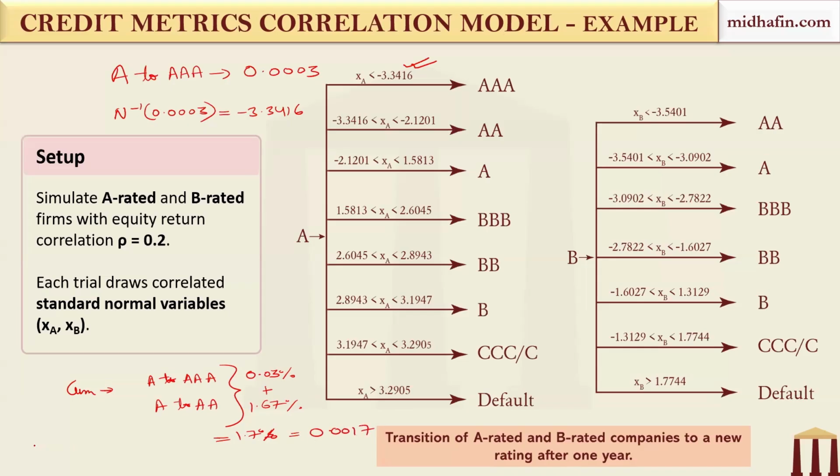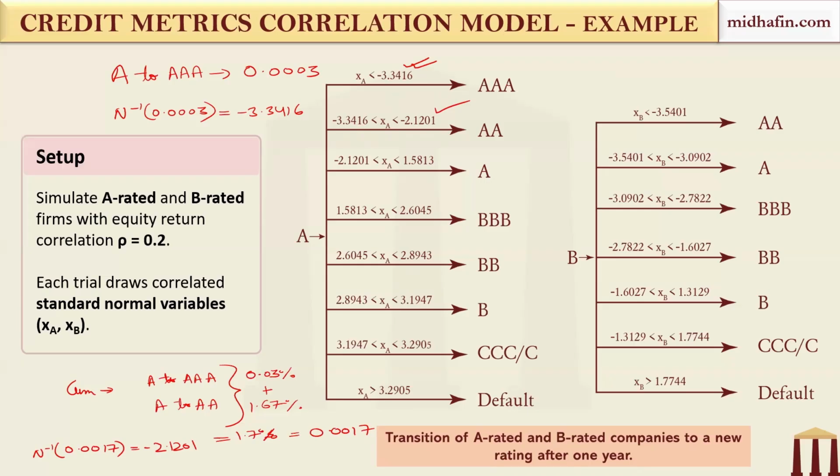Now, if you take N inverse of 0.0017, you actually get negative 2.1201, or this number.